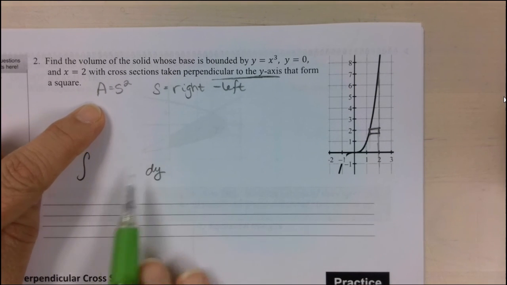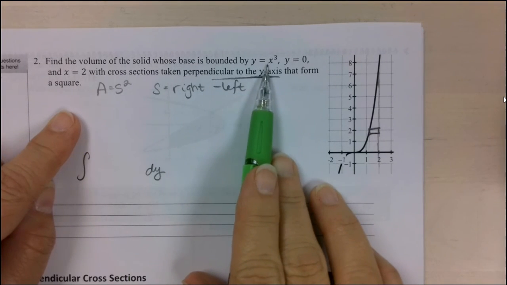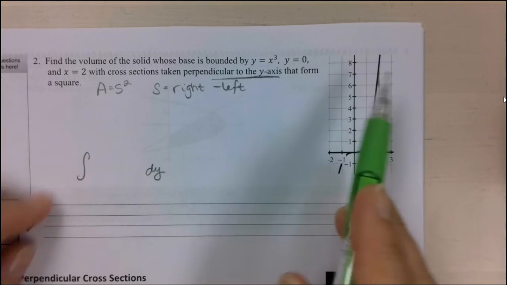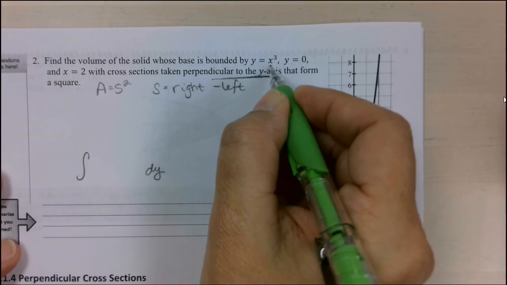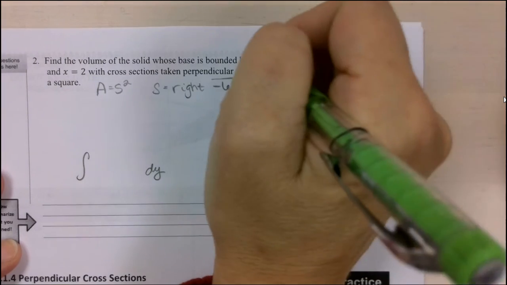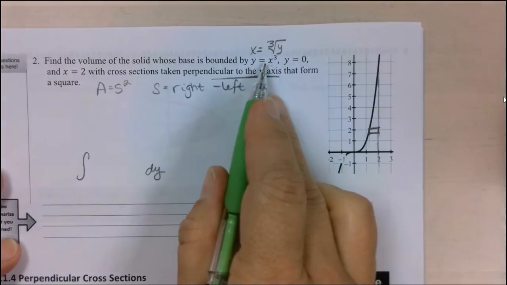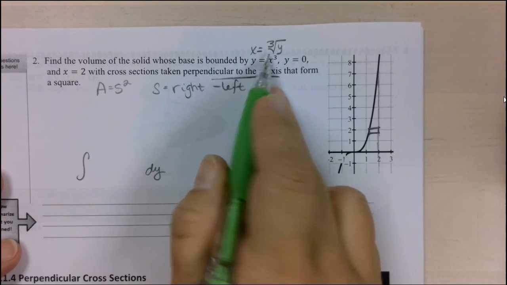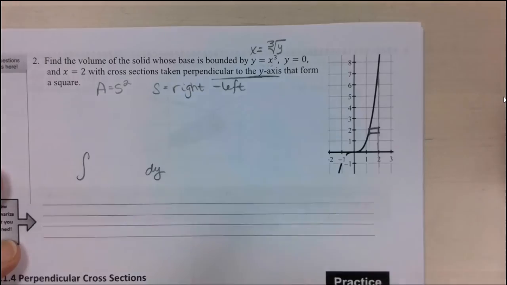And remember, when we're integrating with respect to y, my equations need to be in terms of y. Right now I have y equals x cubed, which is in terms of x. But if I solve that for x, x would be equal to the cube root of y. And so that's the version of the equation that we need to use so that it's in terms of y.